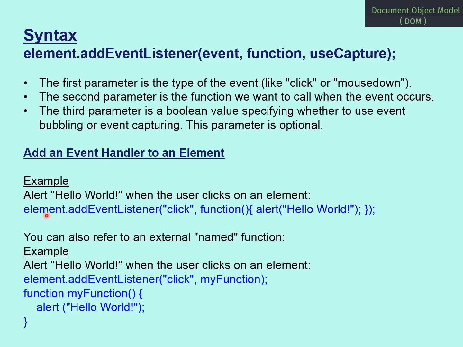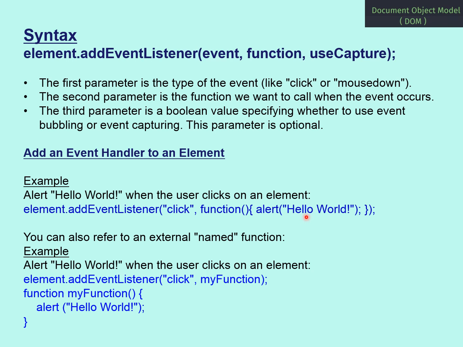You have to specify the name of the element, element dot addEventListener. You have to specify the method addEventListener. The event should be click. Whenever that click happens, this function will be called, and inside this function it contains a single statement, alert of hello world.